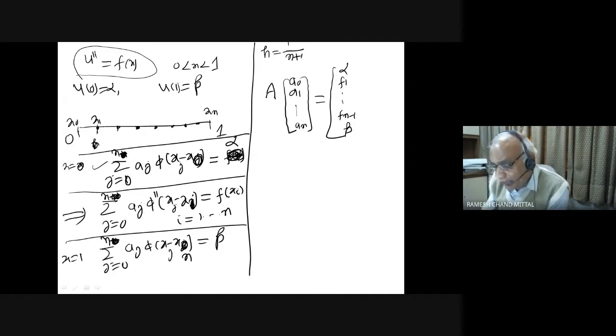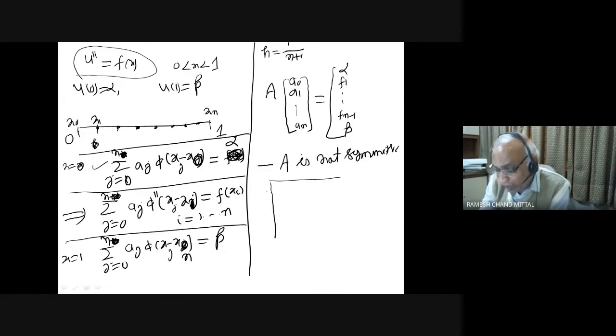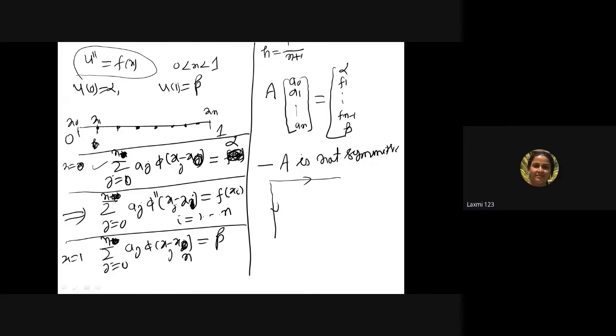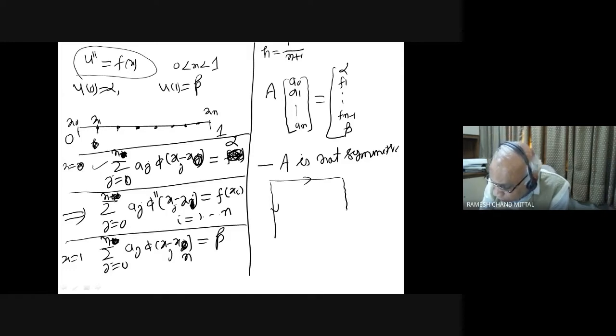Now, please try to understand me. First, A is not symmetric. Why? Because my first row will be for the zeroth derivative and the first column will be for the double derivative, so this row and this column will not be the same. Do you get my point or not? Same way, the last column and last row will not be the same, so it is not symmetric.